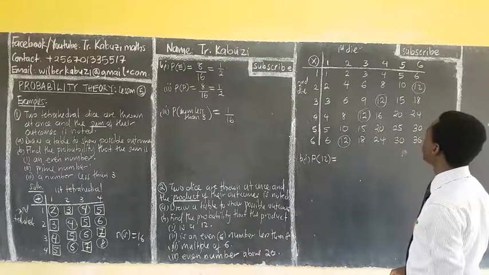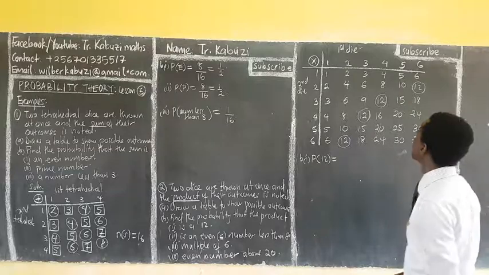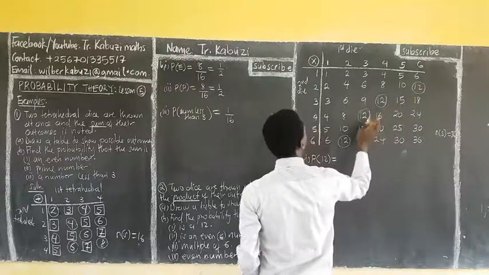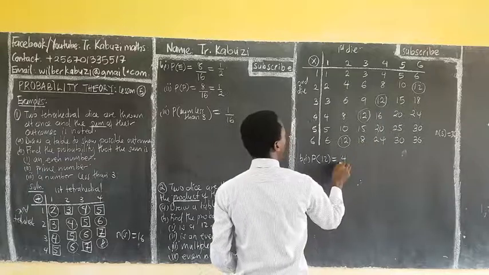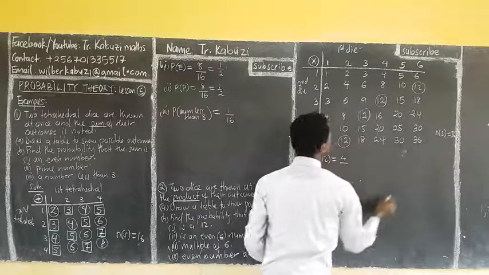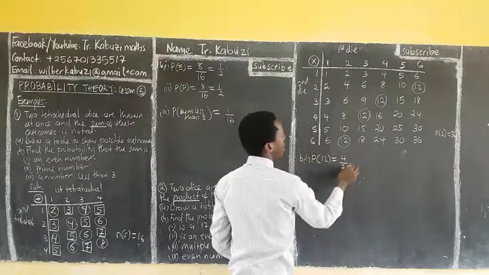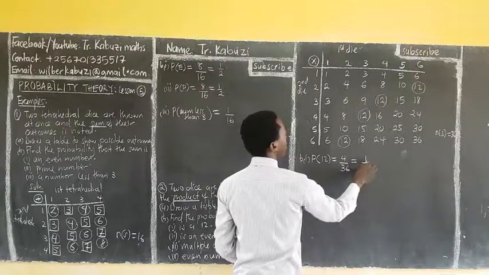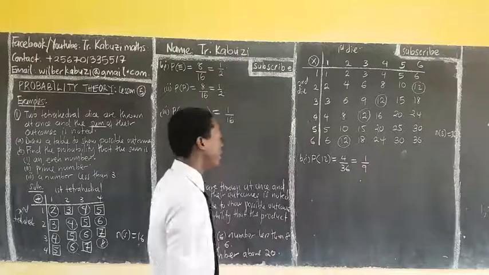I think those are the only 12s we can generate. So there are how many? 1, 2, 3, 4. So there are 4 out of the total, which is 36. And you can reduce this to 1 over 9.